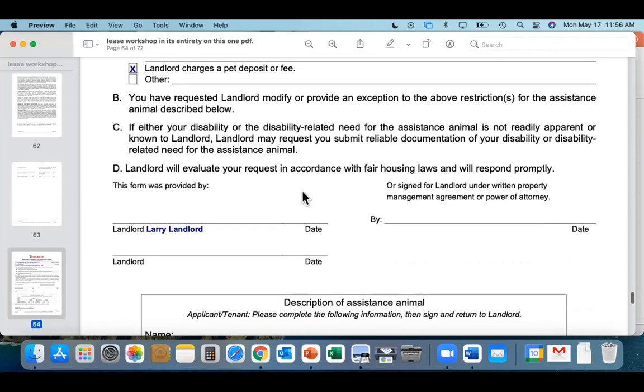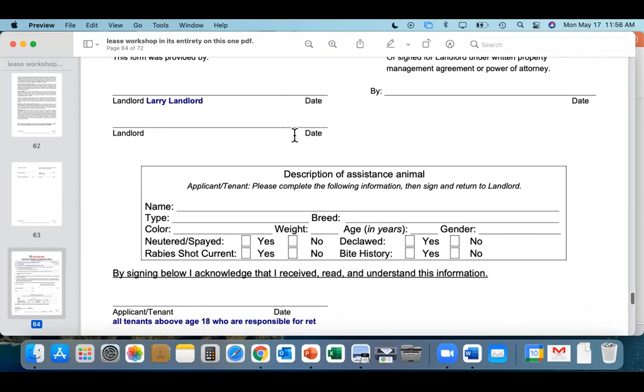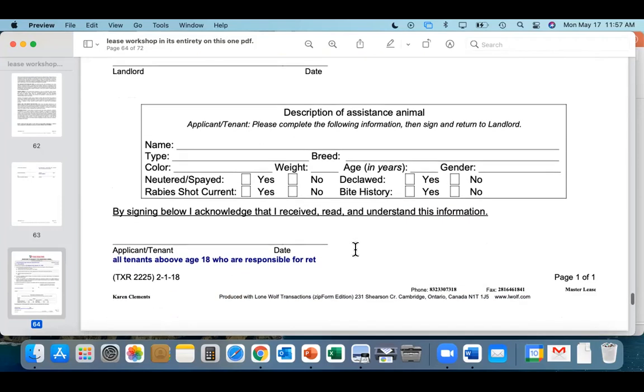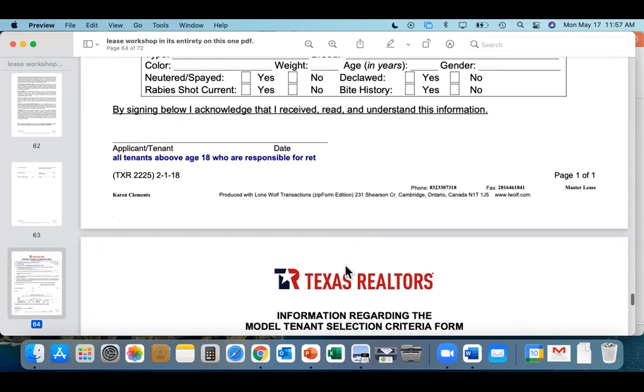And I know I can't charge that to you, but it's just putting them on notice that that was his policy. But please put down this description of your assistance animal. We want details on that to verify that this indeed is an assistance animal, right?